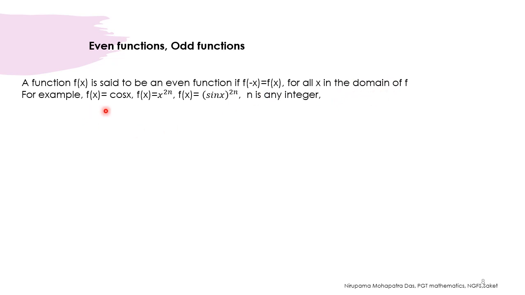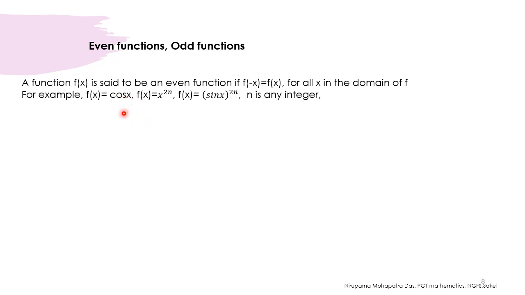So say f(x) = x square. Just now we have taken one graph, f(x) = x square, right? You could see that the graph is in the shape of a parabola. And here f(x) = cos x. If you write cos(-x), it equals cos x. So no change.